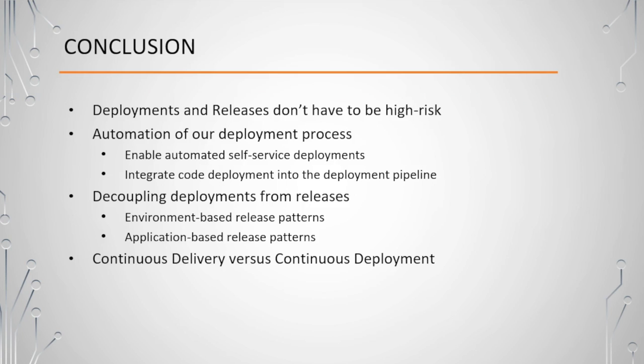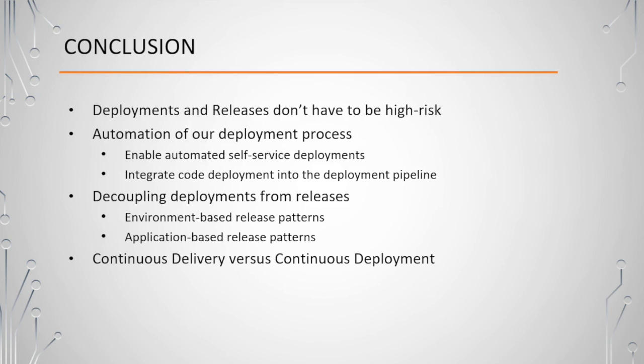In this presentation, we have learned that deployments and releases don't have to be high-risk endeavors that cause downtime or chaos. We learned that there are several steps we can take to achieve a state of continuous delivery and deployment. We start by documenting our work, then automating or eliminating as many of our manual steps as possible. These automated steps should be self-serviceable deployments into our deployment pipeline.